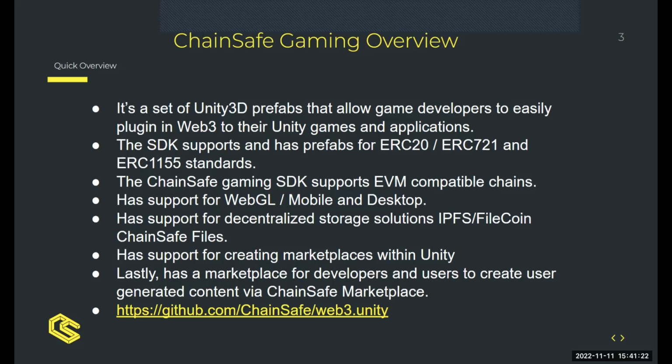The three major EIP standards that we work with in the ChainSafe Gaming SDK are the ERC20, ERC721, and the ERC1155. But the gaming SDK itself is flexible enough that you can add other ERC standards into your games if need be. As we go through this course, I'll show you how you can dig deeper into it.